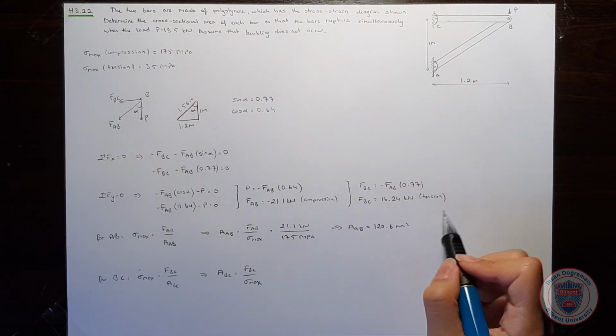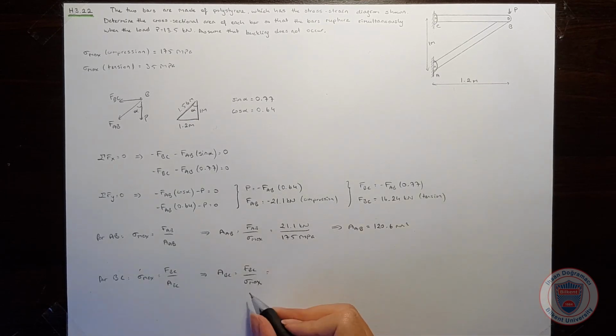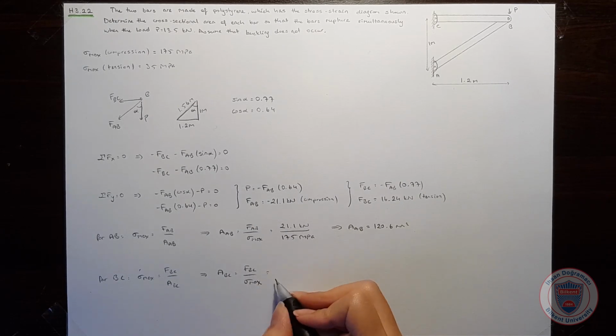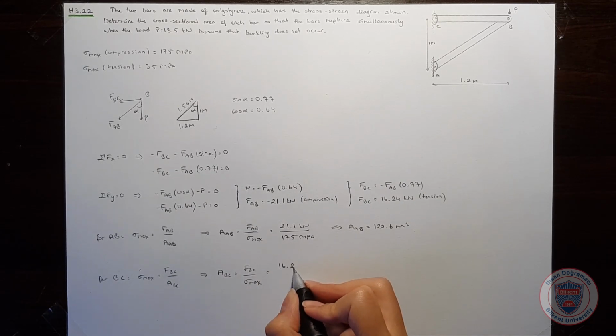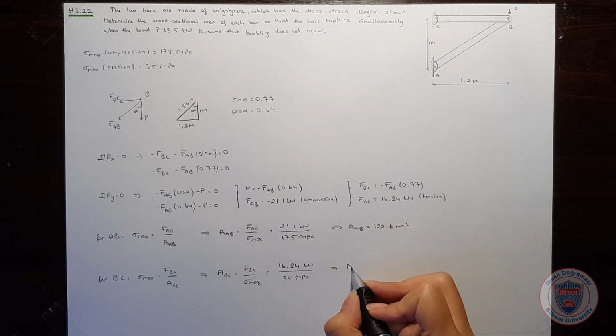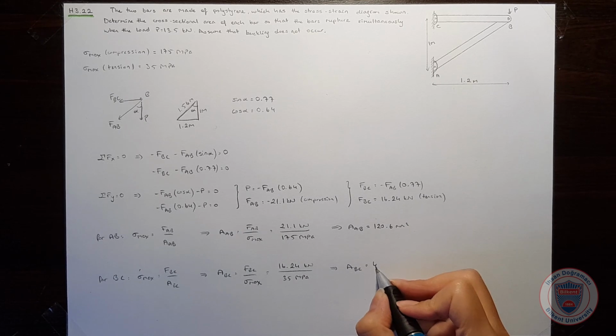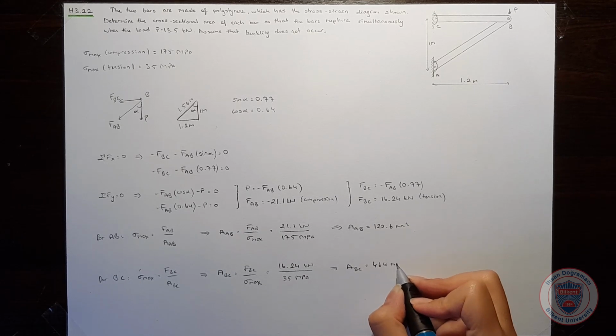Since FBC is tension, this time we will use the maximum stress for tension. So this equation will be 16.24 kilonewtons over 35 MPa. And the area of BC will be 464 millimeters squared.